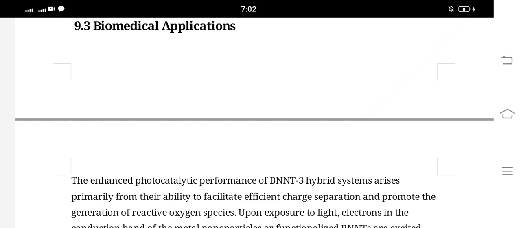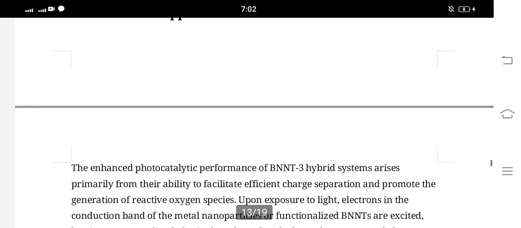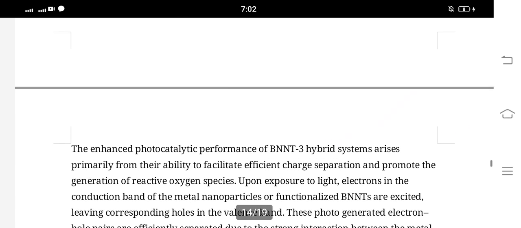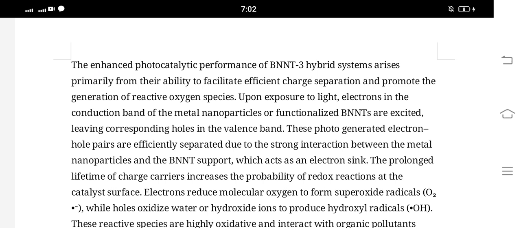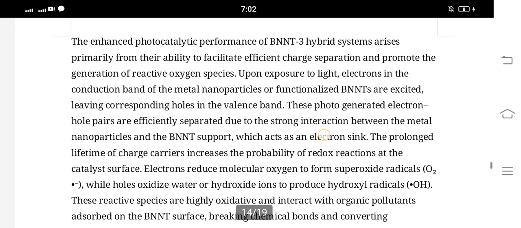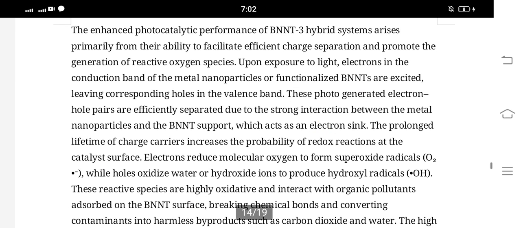In the biomedical field, the enhanced photocatalytic performance of the boron nitride nanotube 3 hybrid system arises from efficient charge separation and reactive oxygen species generation.